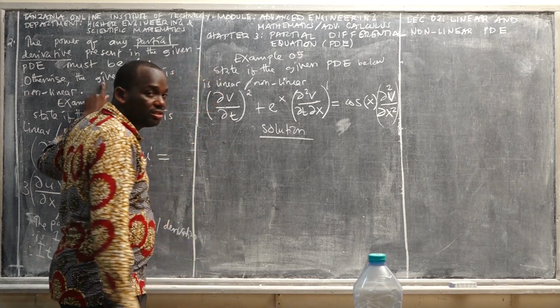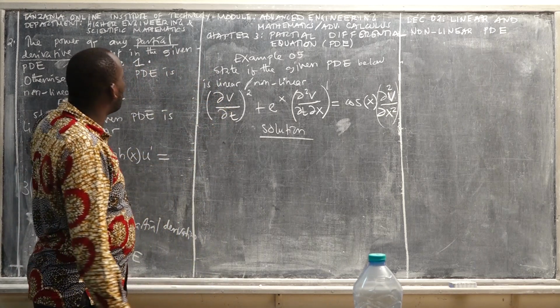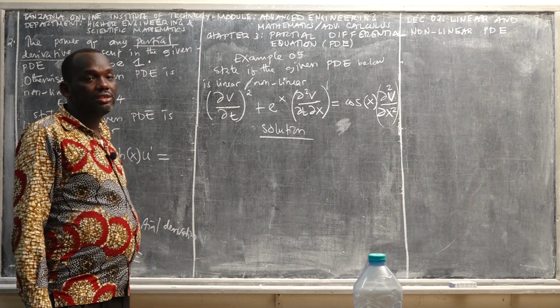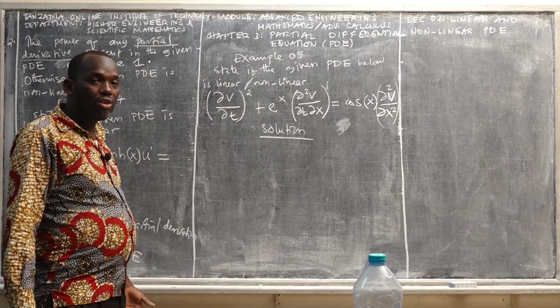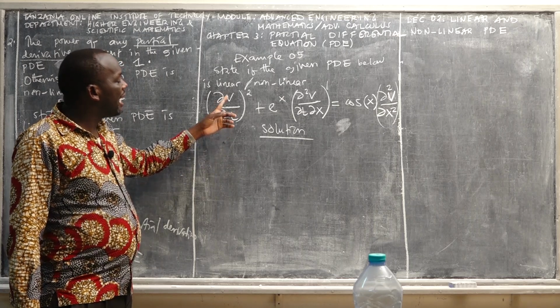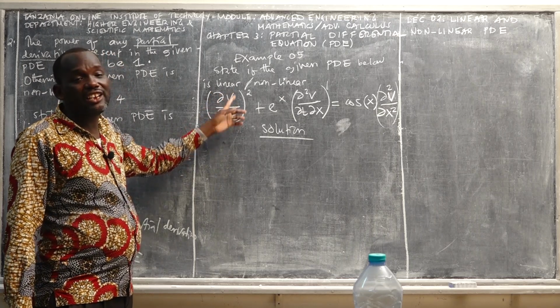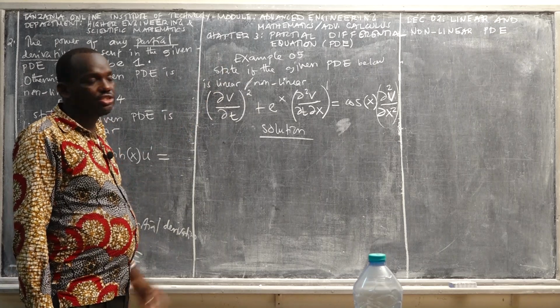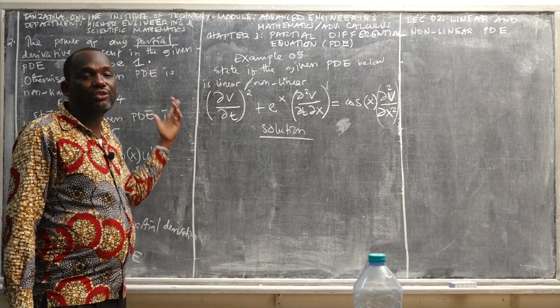Remember the condition. Did this partial differential equation obey the second condition? No. Why? Because this partial derivative has a power greater than 1. So this is the non-linear partial differential equation.